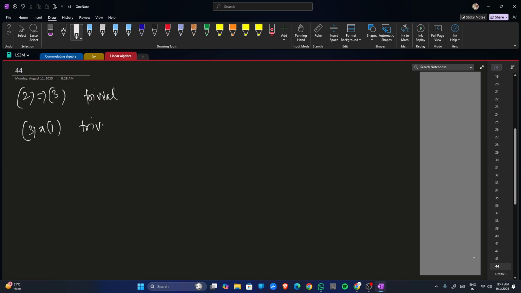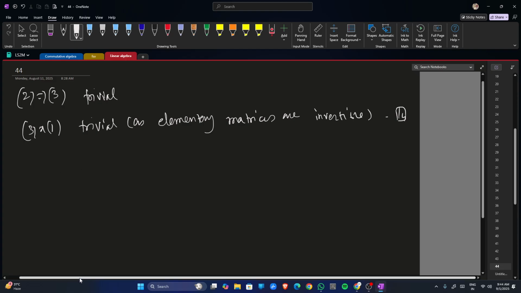Trivial. Elementary matrices are invertible. Okay.